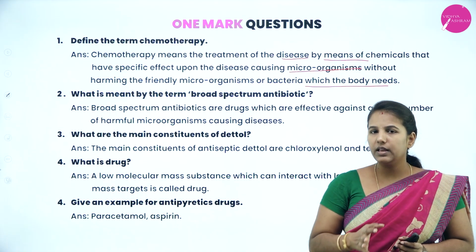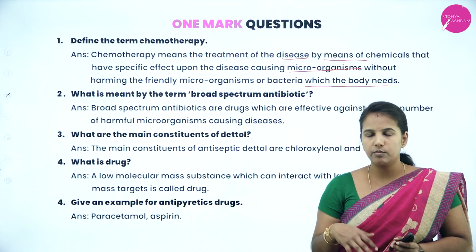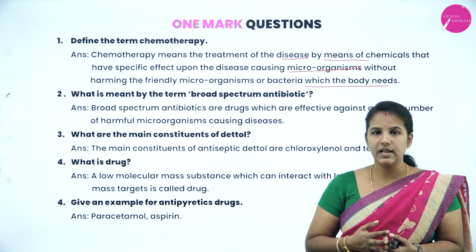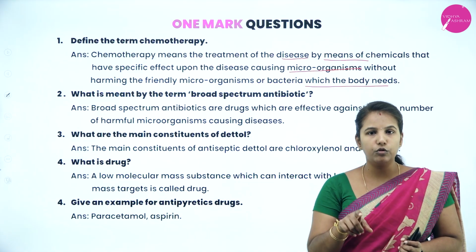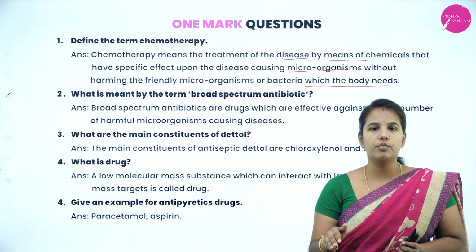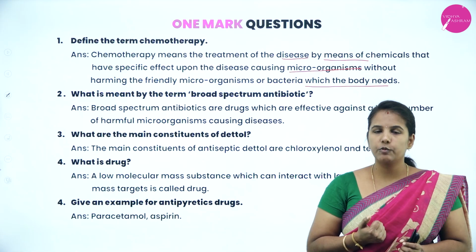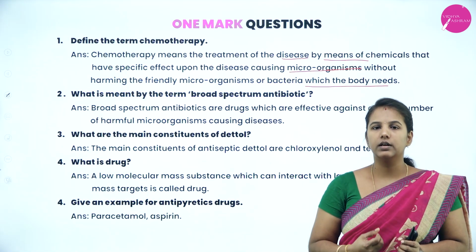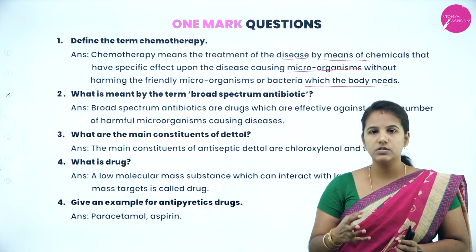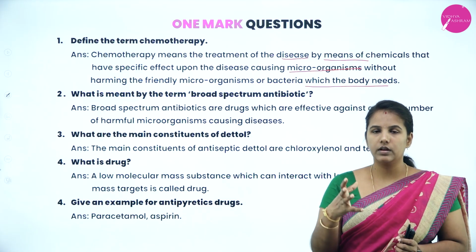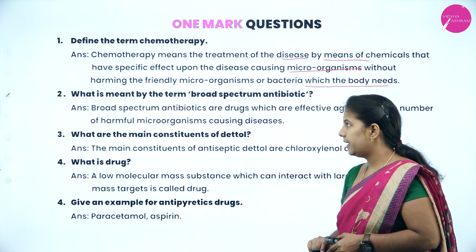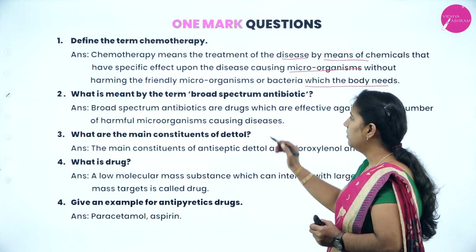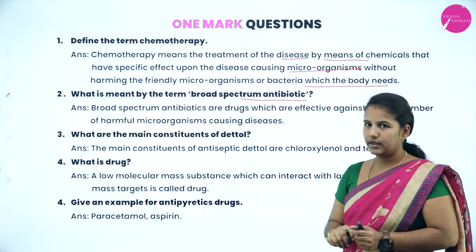And also there are many microorganisms present inside our body, they are friendly to us, correct? So it should not harm those friendly microorganisms, but it should destroy the harmful microorganisms present inside our body. Such specific types of chemicals that we use for the treatment, that we use for therapeutic purposes, that we call as what? Chemotherapy.